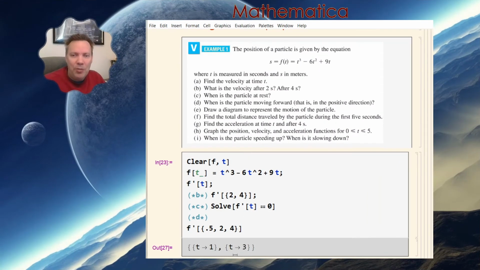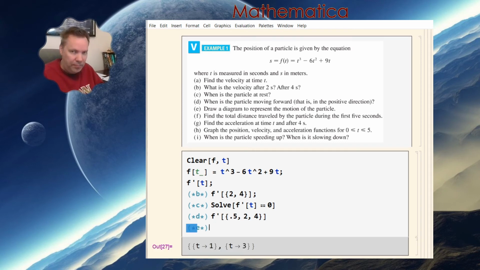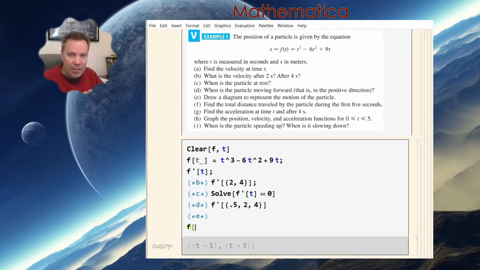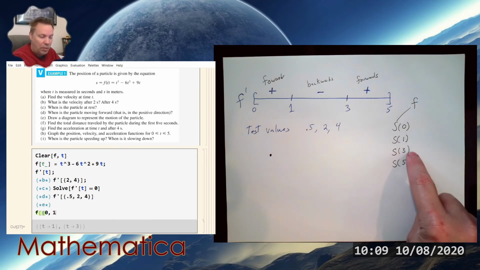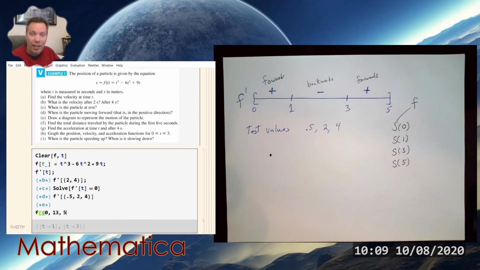So how do I figure out those positions at those specific points? Well, for part E, I want to figure out the position at various points: 0, 1, 3, and 5.